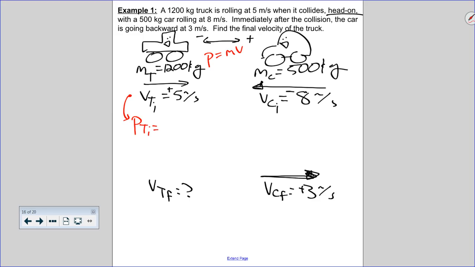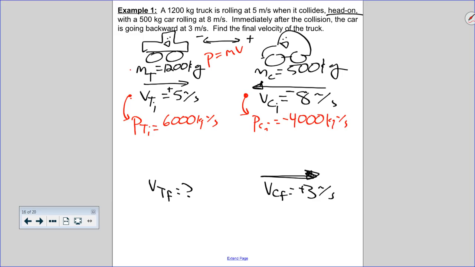So just mass times velocity. So 1,200 times 5 gives us 6,000 kilogram meters a second, okay? All right. For the car, the momentum of the car initially is 500 times negative 8, or negative 4,000 kilogram meters a second.